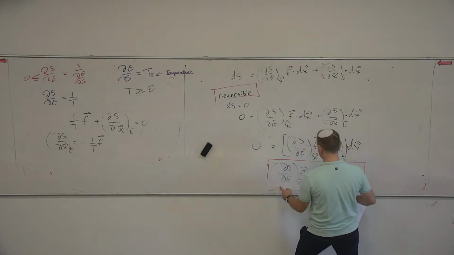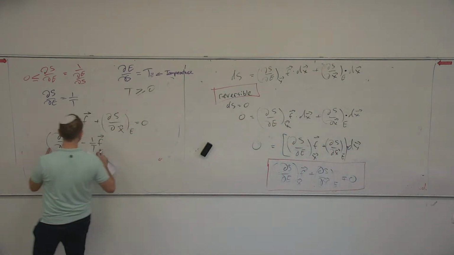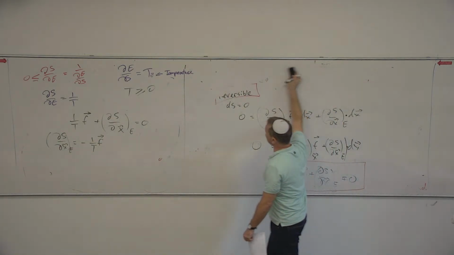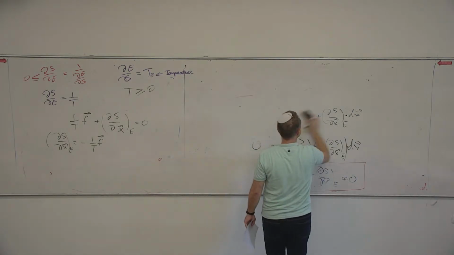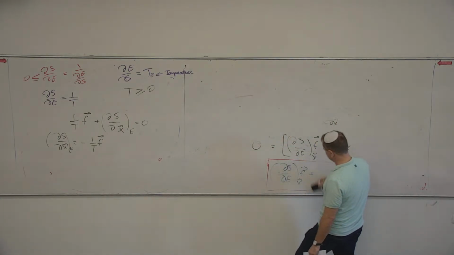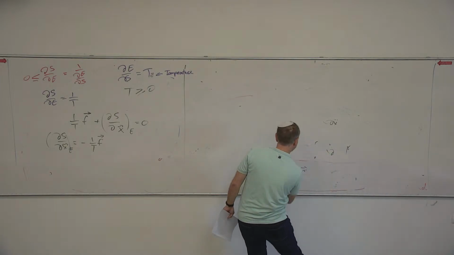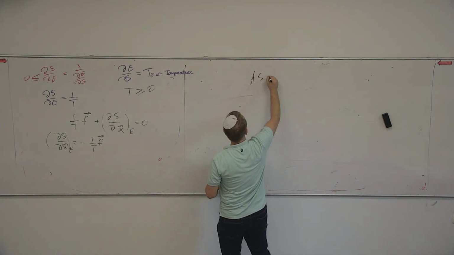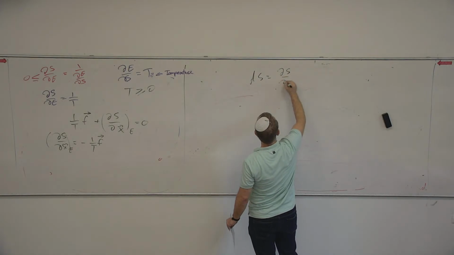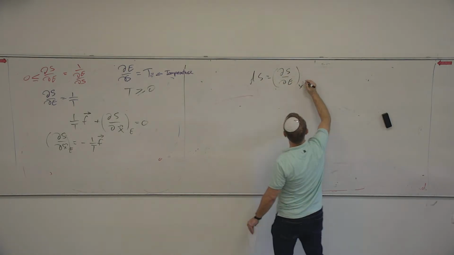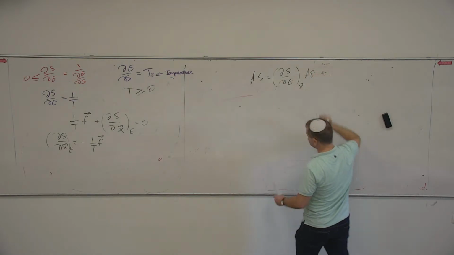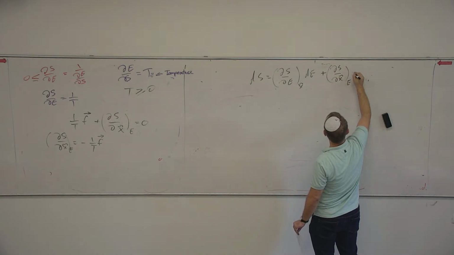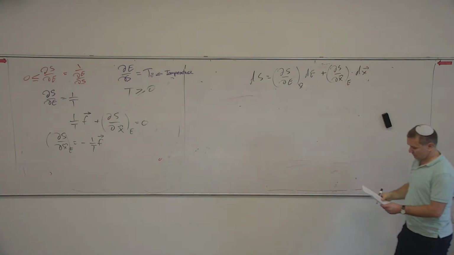Since this is general, this is also general for equilibrium states, and I can plug it into my general equation for the entropy. I have ds equals ds/dE dE plus ds/dx at constant E dot dx, right?